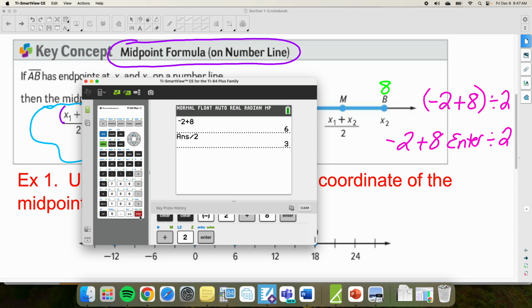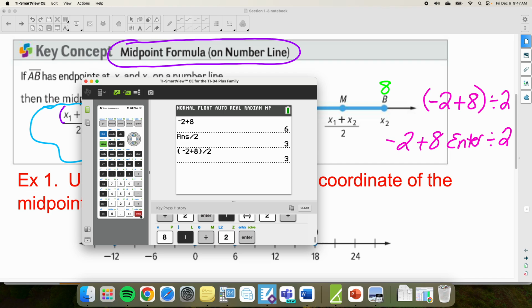Okay. If you would rather do the parentheses, that's absolutely fine. You can go parenthesis, -2 plus 8, parenthesis, divide by 2. So either way is correct.